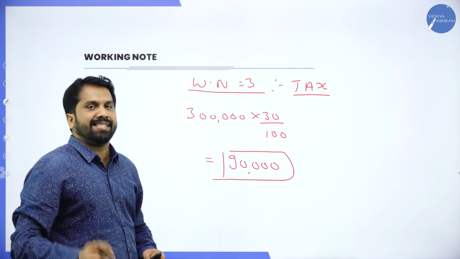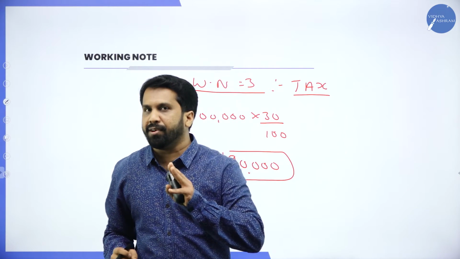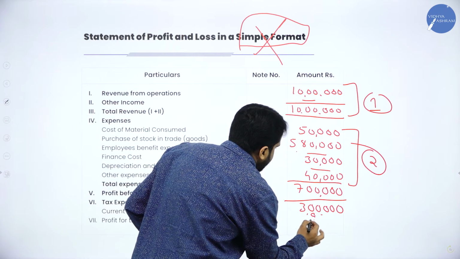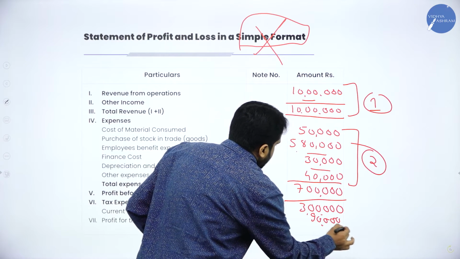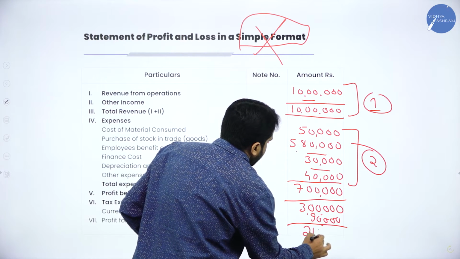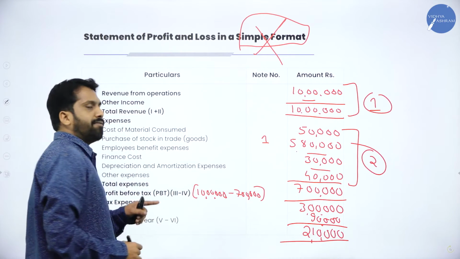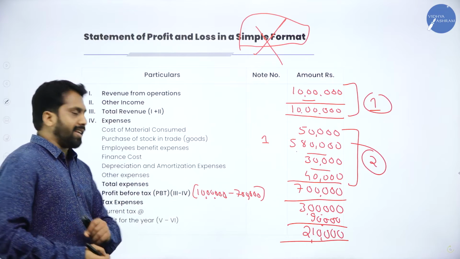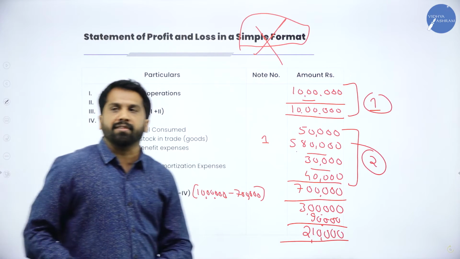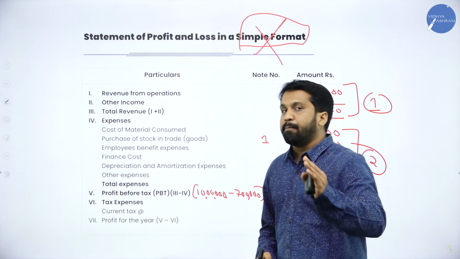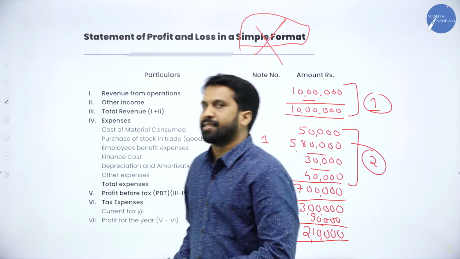Your tax is 90,000 for 3 lakh. So, your tax is 90,000. 3 lakh minus 90,000, your final answer is 2 lakh 10,000. This is your final answer. We can call it profit for that year, or else you can also call it profit after tax.